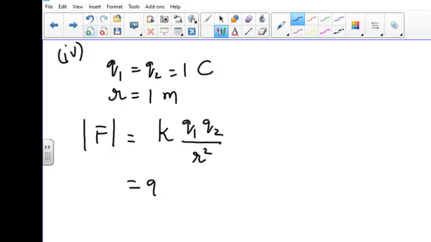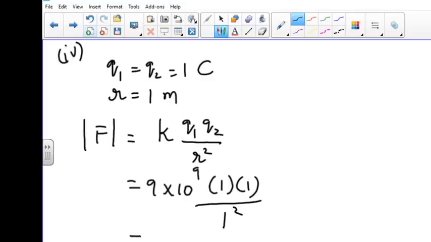We know the value of K, 9 into 10 power 9, into 1 into 1 by 1 square, which is 9 into 10 power 9. The force is expressed in Newton. Therefore, the magnitude of the force is equal to 9 into 10 power 9 Newton.